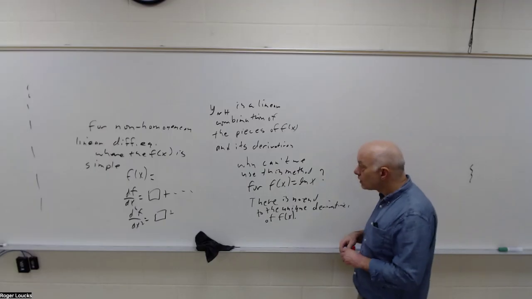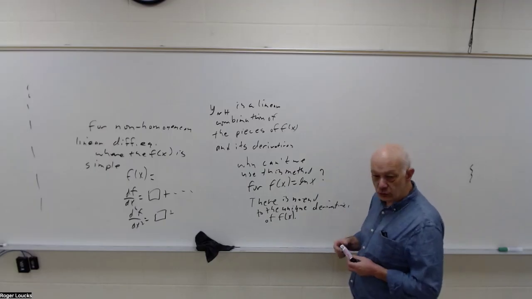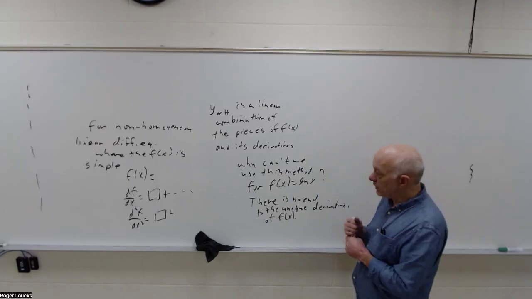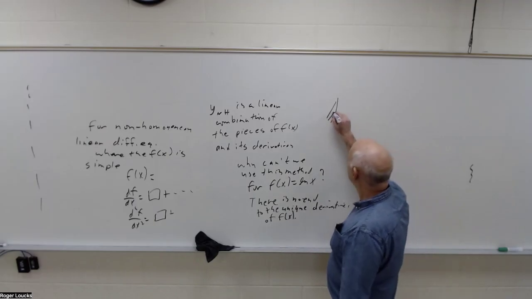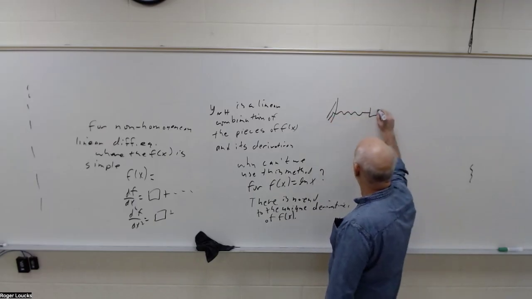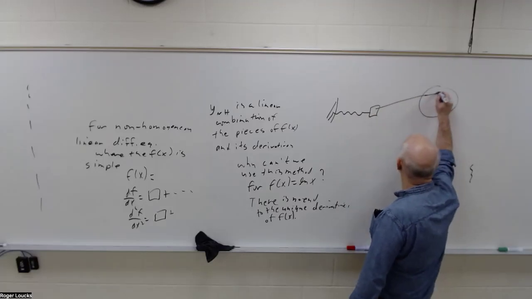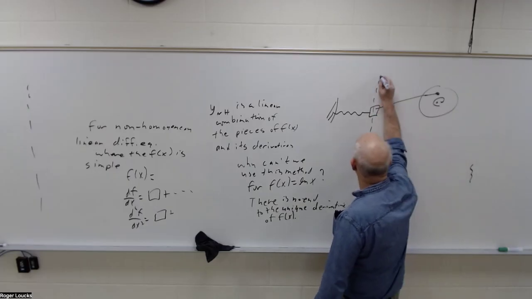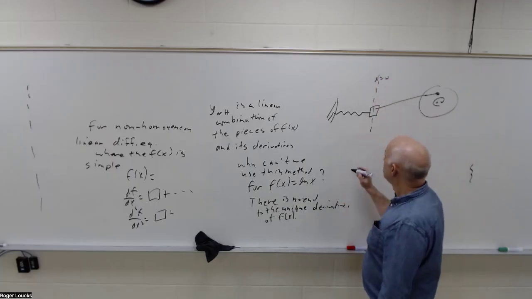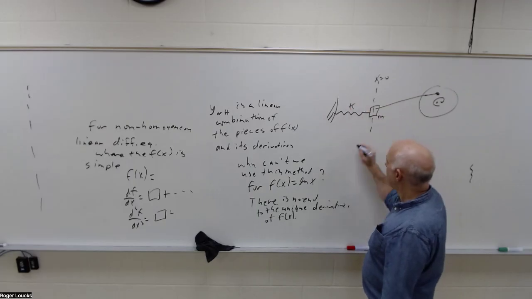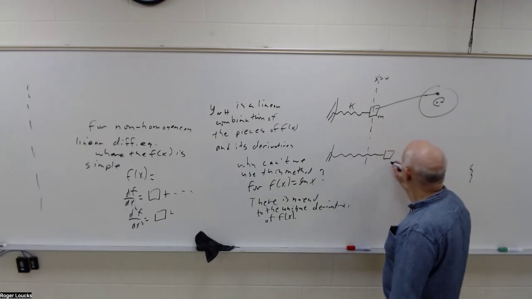And so, how did we go about doing this to our problem here? We have this problem here, and we applied a driving term to it like this. We said that this is our x equals 0. This is k. This is m. So this goes out to here.